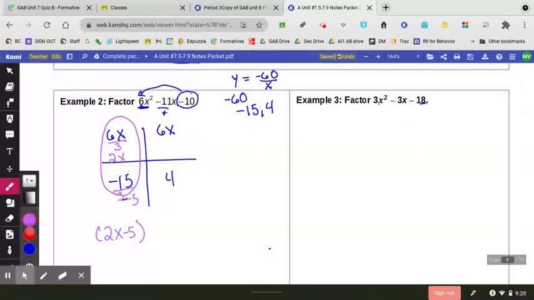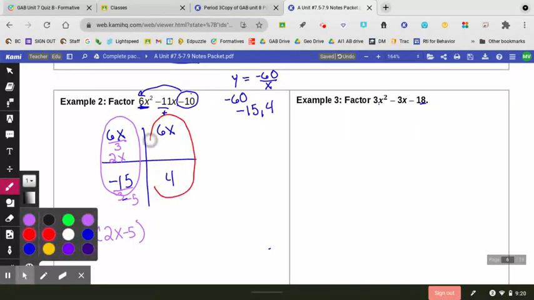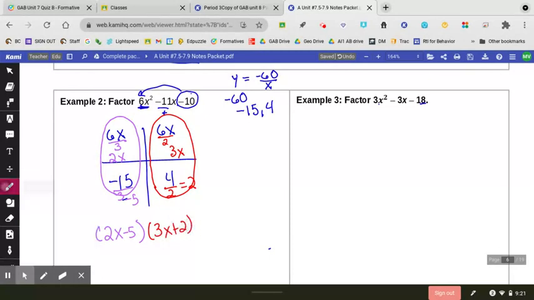I then look at the other column, and there's a GCF there of 2. So I divide 6x by 2, which gives me 3x, divide 4 by 2, which gives me 2. So that is the factor 3x plus 2. So 2x minus 5 times 3x plus 2 is what I get when I factor 6x squared minus 11x minus 10. Meaning if I multiply 2x minus 5 times 3x plus 2, I should get 6x squared minus 11x minus 10, which I do.